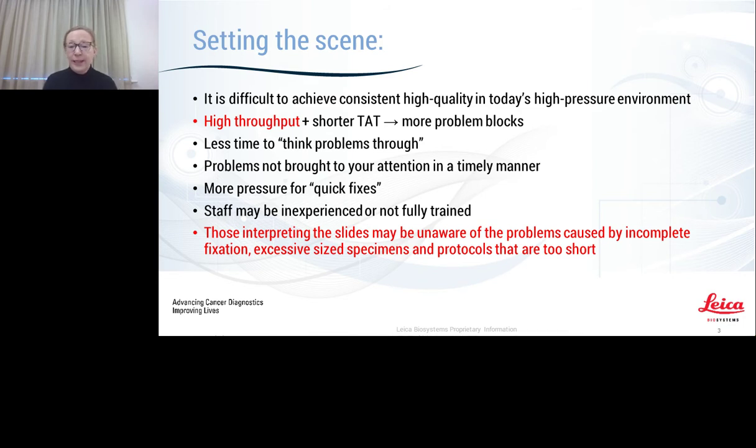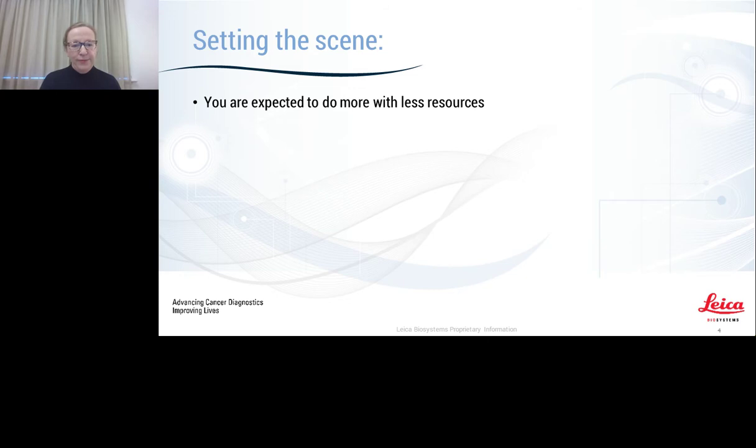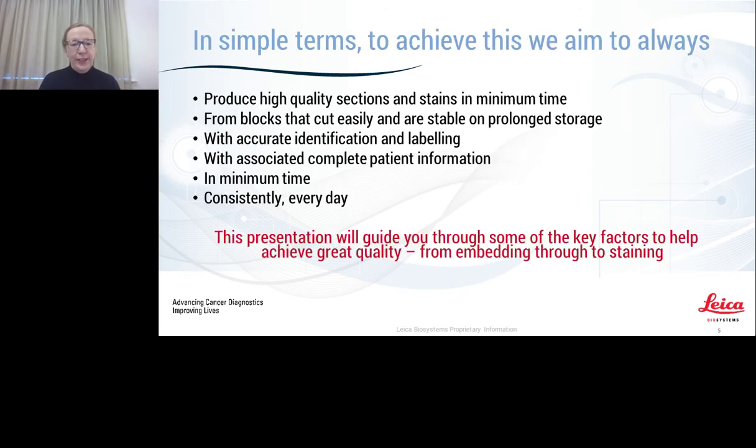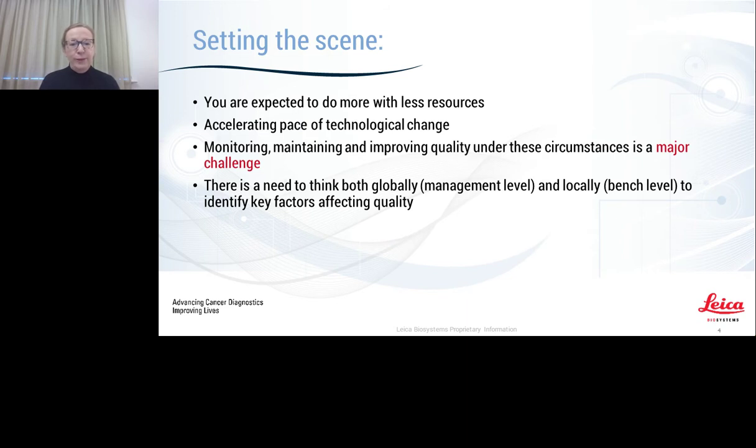We may not have really experienced staff or time to fully train staff, and it can be difficult to have a conversation about what is actually a problem when the people assessing the sites may not be aware of some of the issues that labs face. Issues with resources and technological change can often be a real challenge.